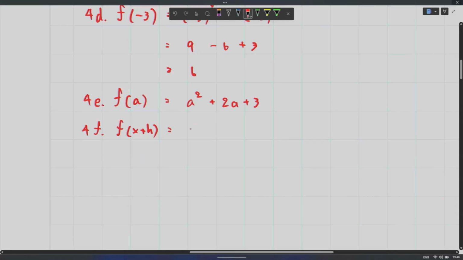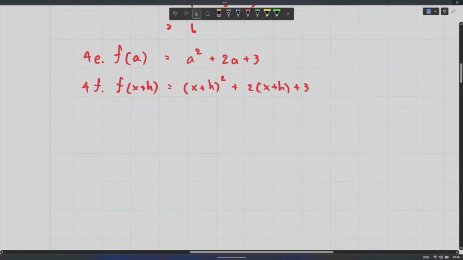So we can just plug the whole thing in. Don't forget the parentheses to group it up. And there we go. Now we have to evaluate it.